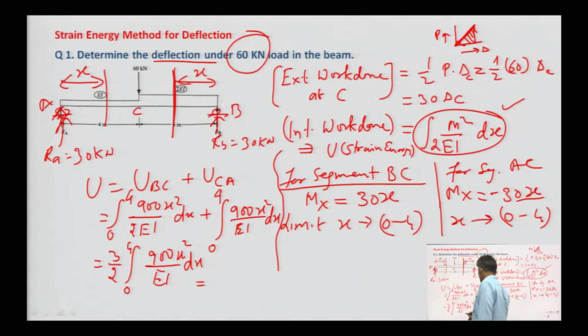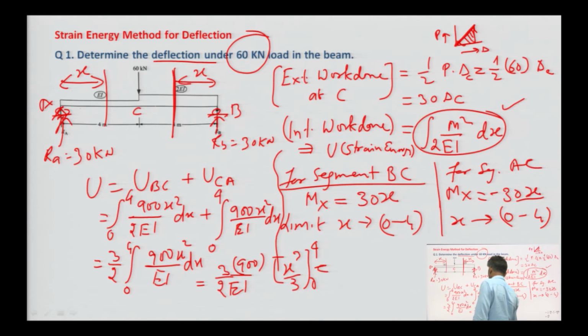Integrate it. Take 3 by 2, EI and 900 outside, and this is x cube by 3. With limit 0 to 4, that comes to be 14400 divided by EI.